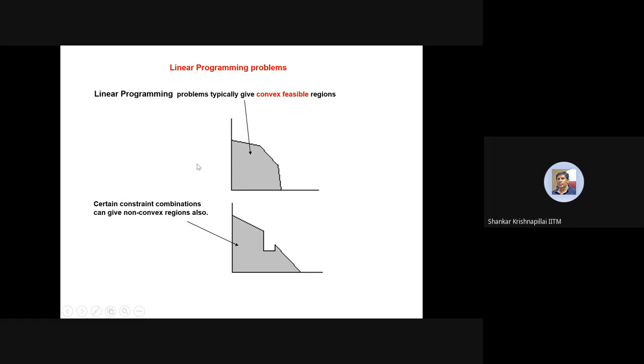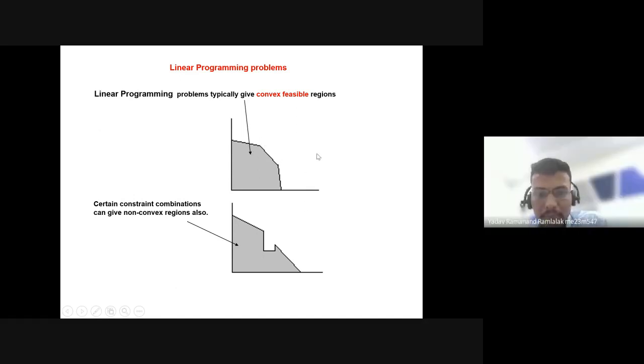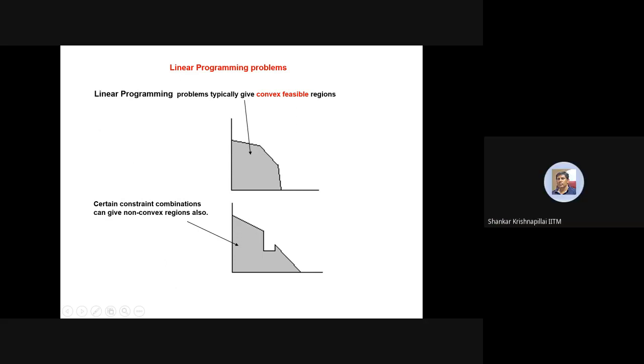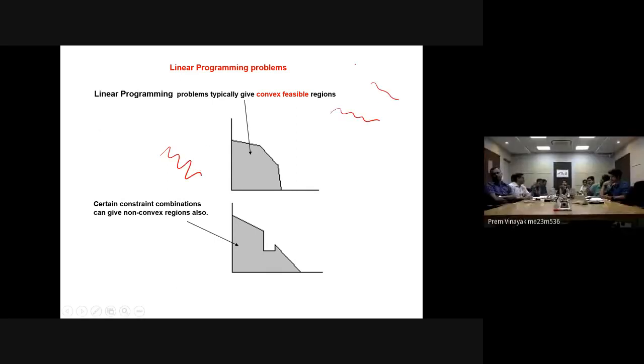Single screen only. Are you seeing two slides side by side or a single slide? Single slide. Are you able to see the red now? Yes, sir.